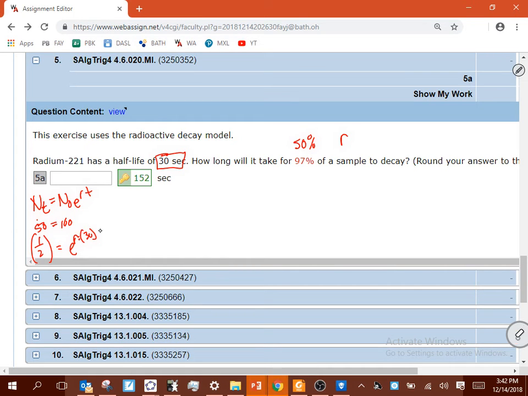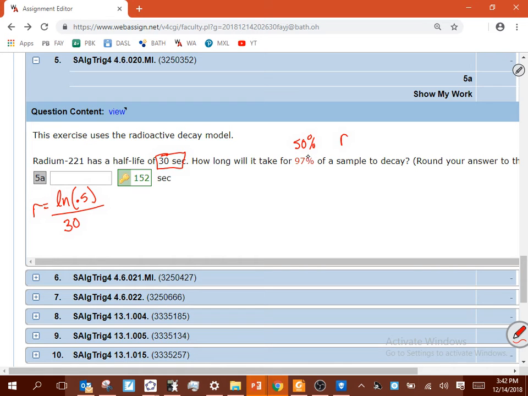We could do that whole process to find R, but we've done this enough, so R is ln of a half divided by my half-life. So that's my R.